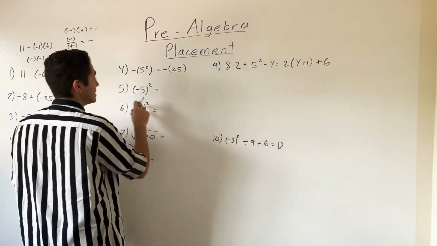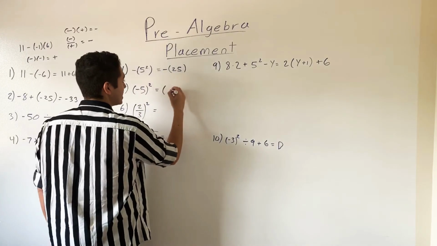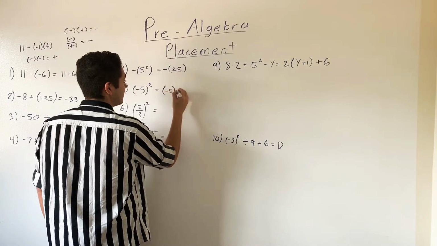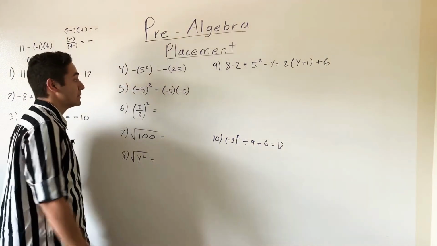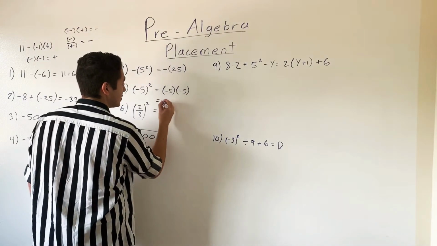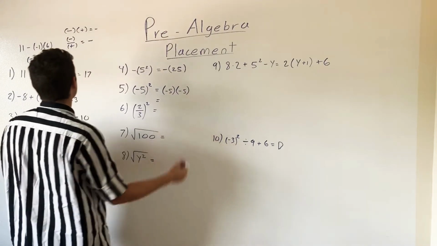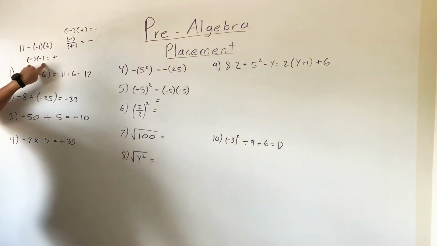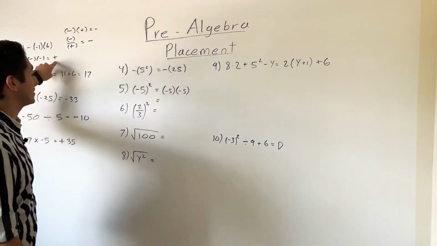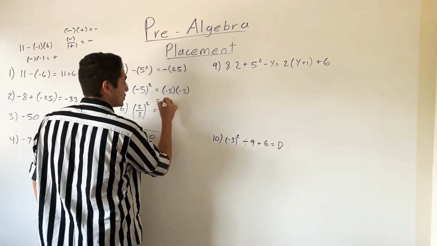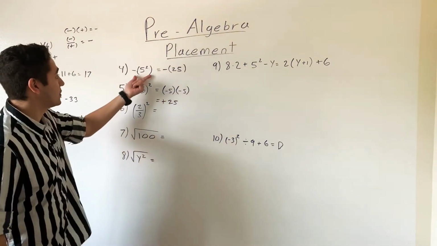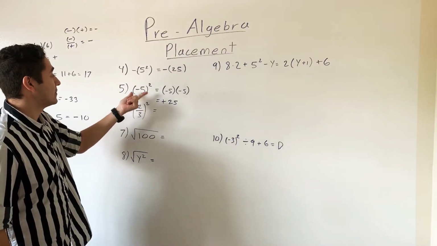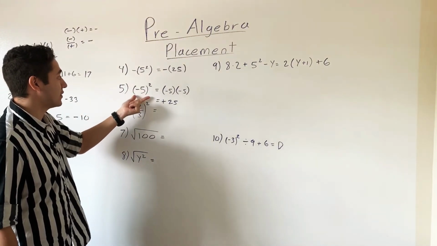We can actually say that this is going to be negative 5 times negative 5, like that. And then when we multiply these two together, we're going to get negative times negative. Again, falls back to the same principle. Two negatives multiplied will always give you a positive. So positive 25.